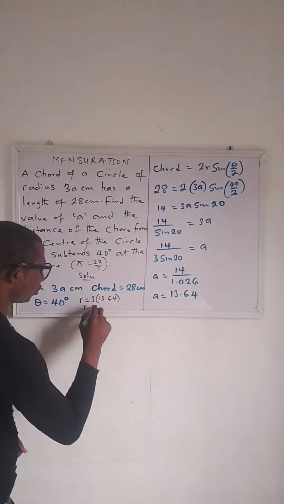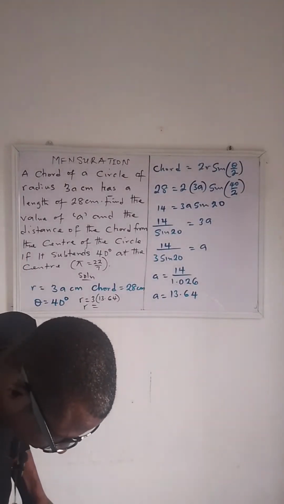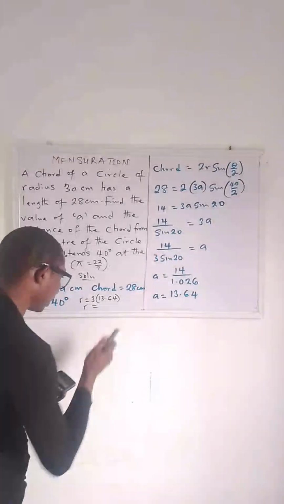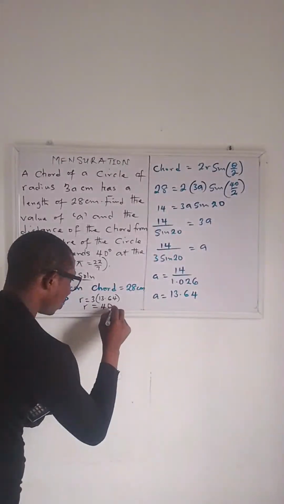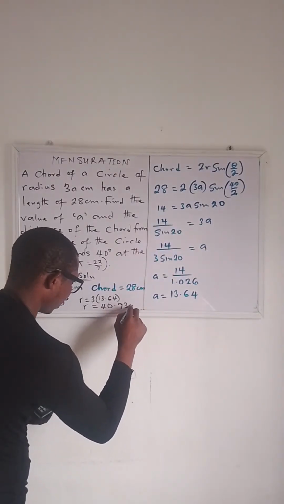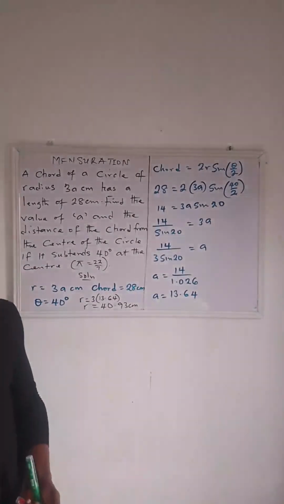So R is what? Let's multiply that by 3 times 3. So let's see what we have. That's going to be 40.93 centimeters. So that is the radius.